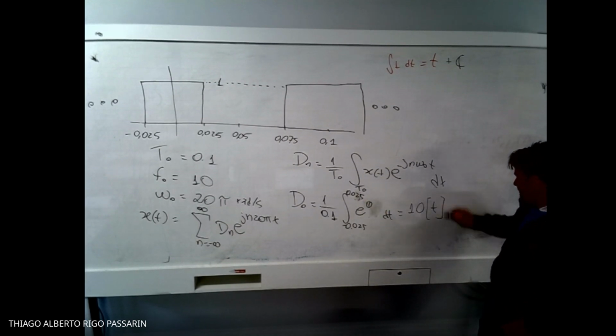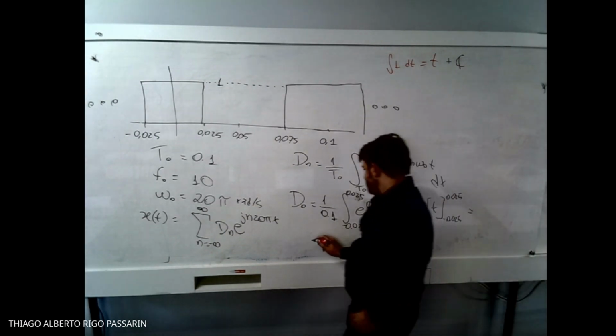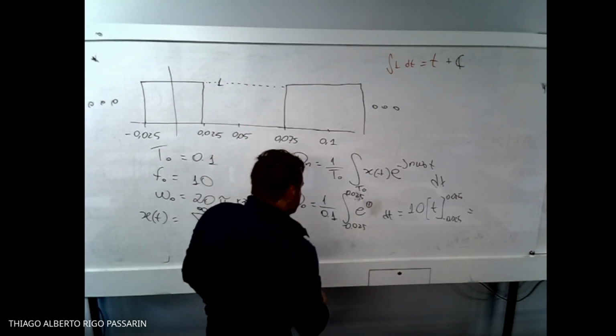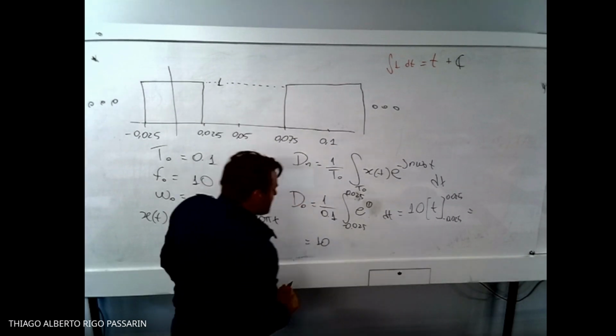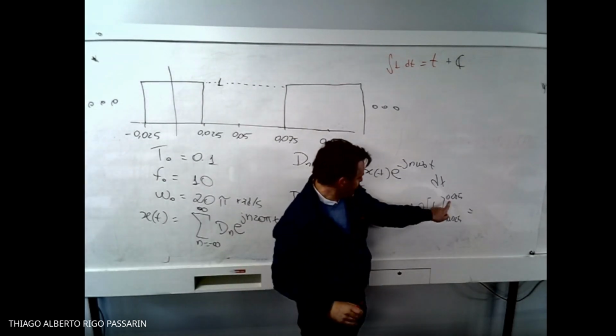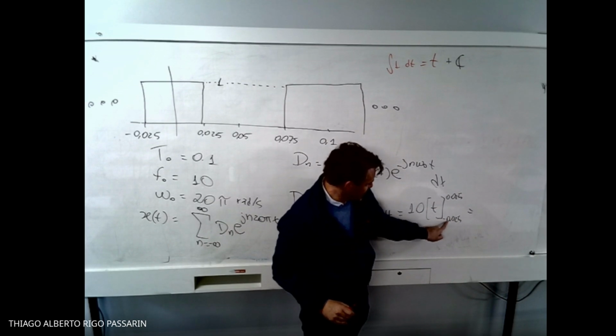T ranging from minus this to this. So 10 times this minus this.